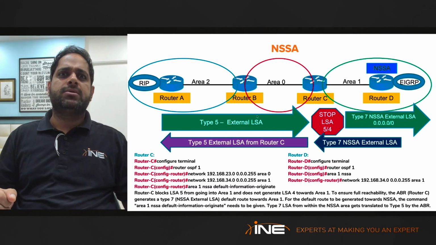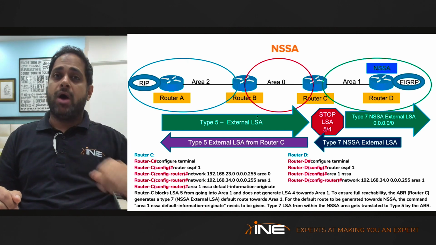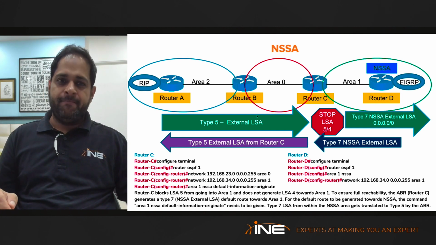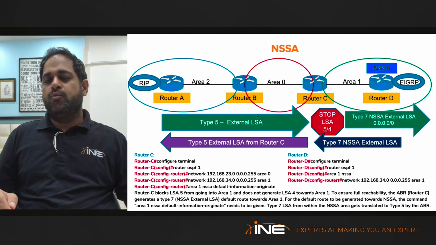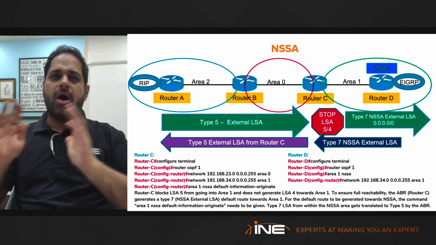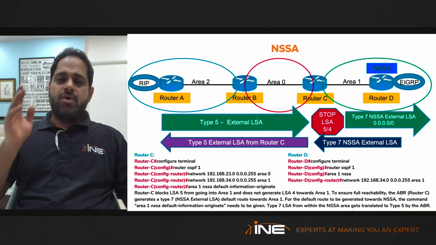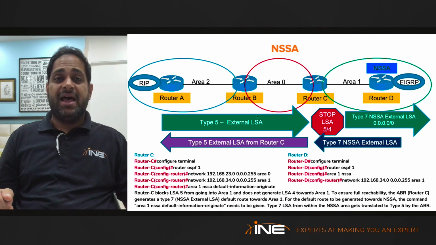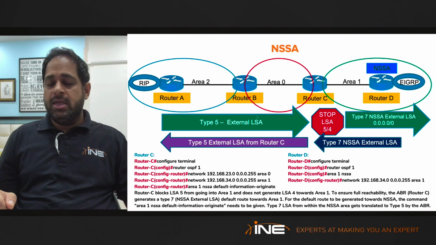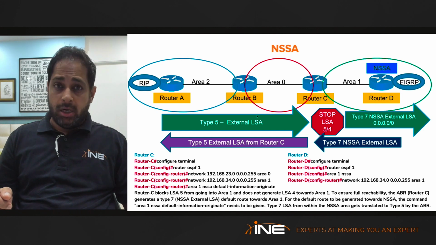Let's talk about the routes coming from outside, which means routes being redistributed on router A. How would those routes be seen in the not so stubby area? So router A, when he redistributes, would send LSA 5. LSA 5 goes throughout the OSPF domain. Once it reaches router C, he would block LSA 5 and would not generate LSA 4 towards area 1. So LSA 5 and 4 basically get blocked going into area 1.